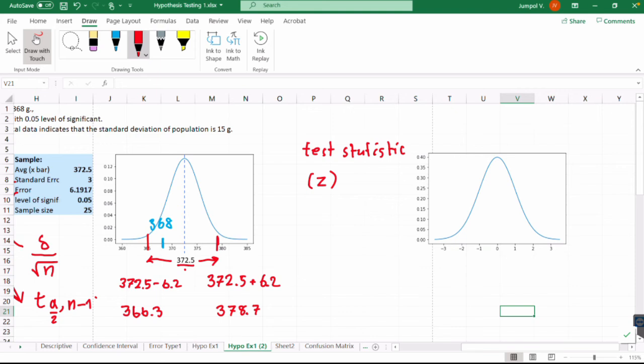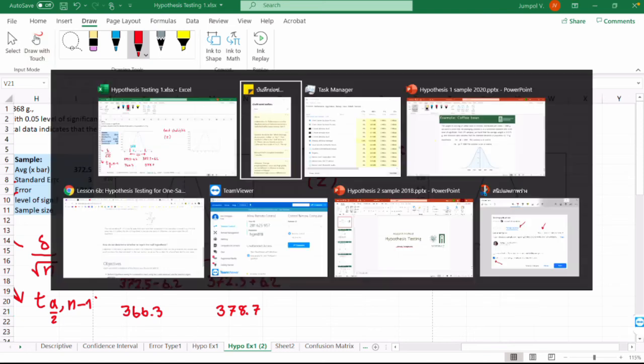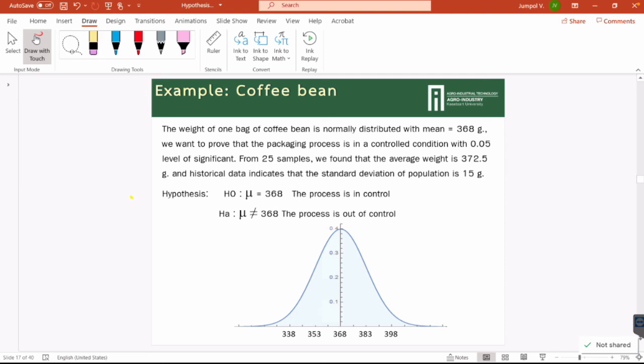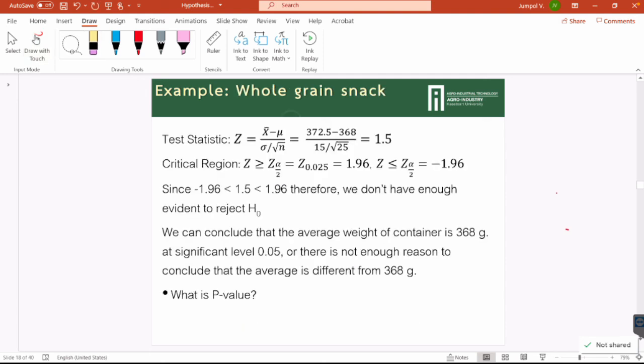If this one is normal distribution; if it's not normal distribution, it's going to be t. But the formula is going to be similar, so we just find the difference between sample mean and population mean here, and divide by the standard deviation divided by square root n.